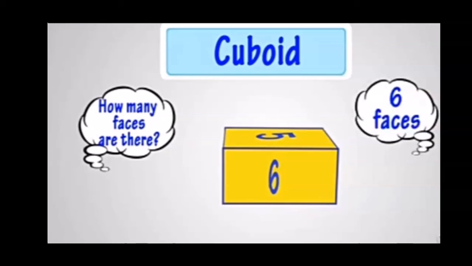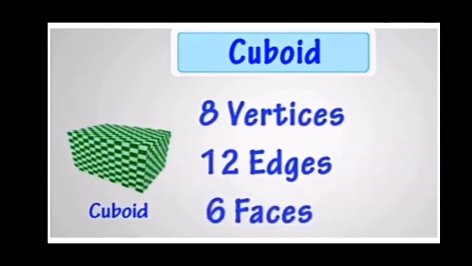Students, cuboid and cube, in day-to-day life you are seeing more examples. If you take the example of almirah, fridge, these are the shape of cuboid only. You will be having there 6 faces. Clear students? In cuboid you are having 8 vertices, 12 edges and 6 faces.